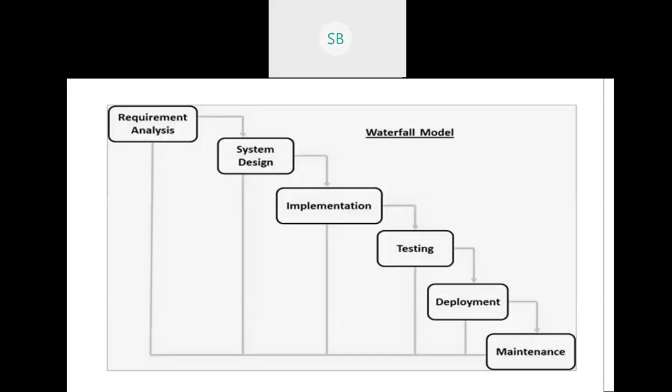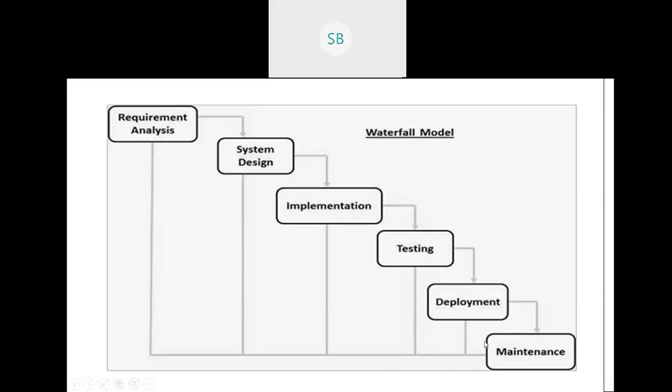model. The iterative waterfall model is the same as the waterfall model, but the only difference is that there are feedback links available. Now the name suggests iterative. Suppose after maintenance also, if we wish to go back to the requirement analysis phase, then it is possible.